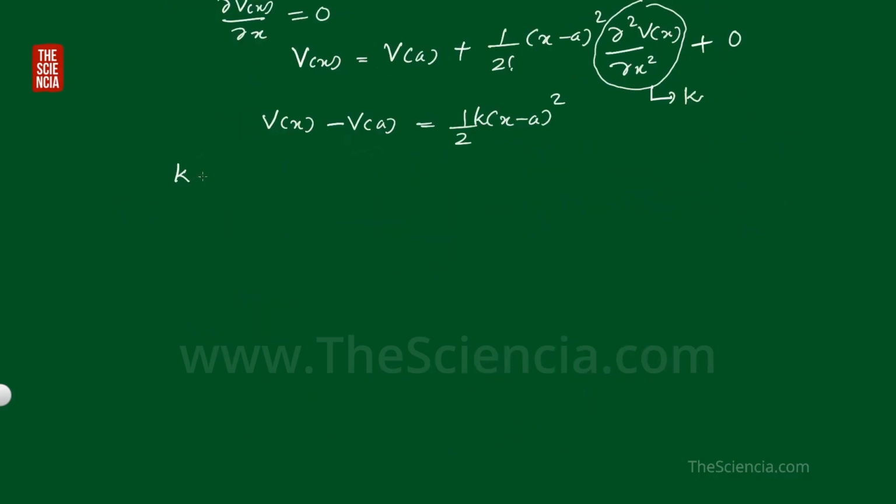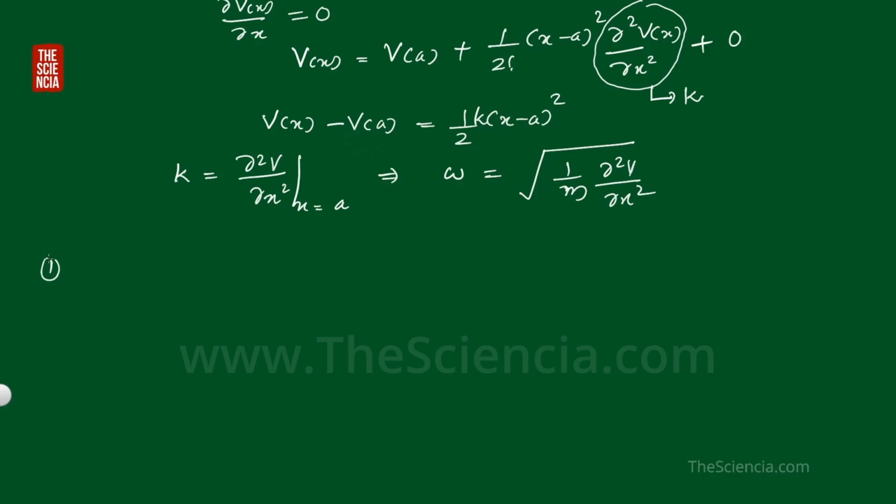And here the k value is equal to dou square V by dou x square at x equal to a. From this equation we can find the omega value, that is omega is equal to root of 1 by m into dou square V by dou x square. Actually, all these ideas we already discussed in classical mechanics itself when we were discussing the stability analysis problems. Okay.